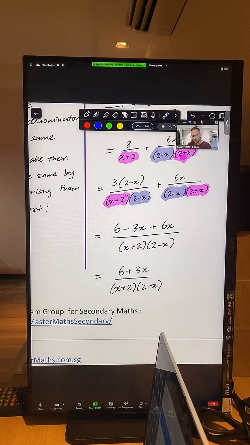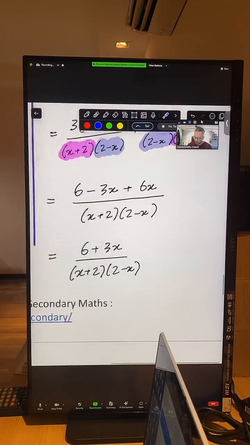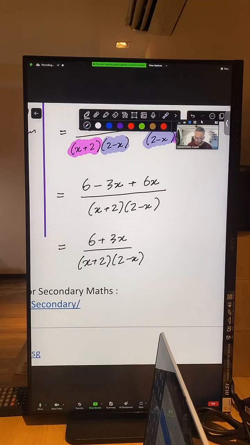Now, I'm not satisfied yet. I realize, hey, wait, hold on. I can do something else over here. I can simplify further. How do I do that? You all notice not? This numerator, I can pull out a 3.